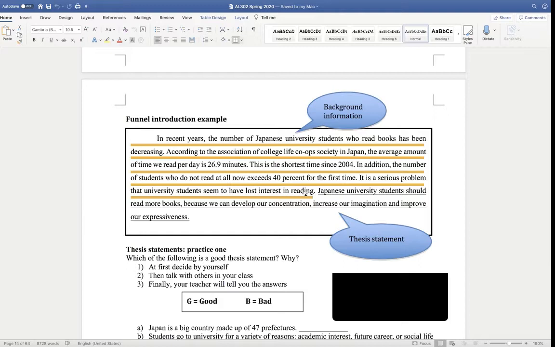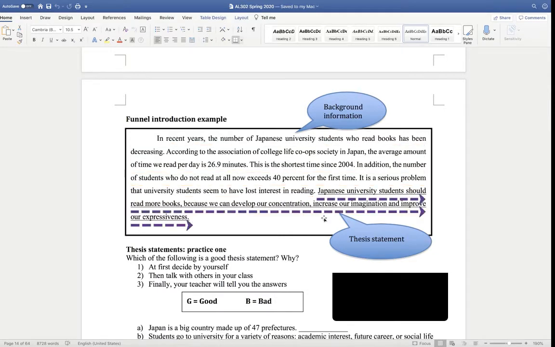And a good rule of thumb is that the background information is about 80% of your introduction in total. Then the final sentence is your thesis statement. And in this one, the thesis statement is: Japanese university students should read more books because we can develop our concentration, increase our imagination, and improve our expressiveness.